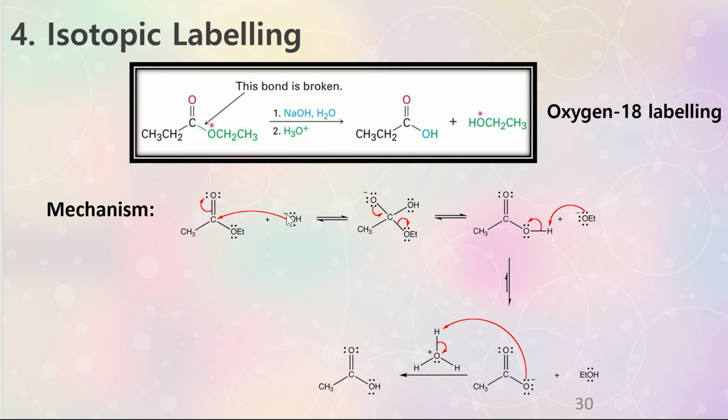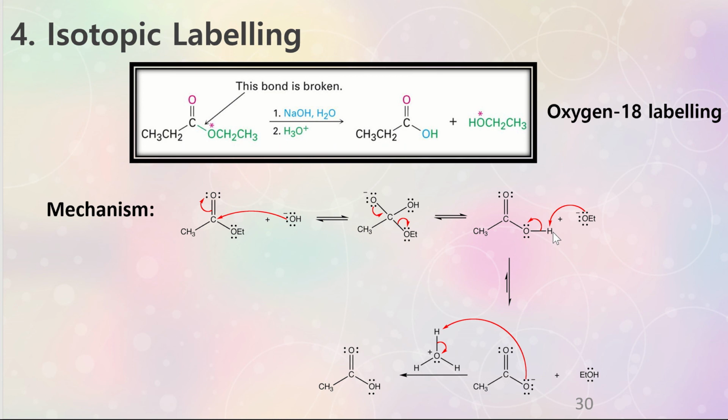So this is the mechanism that is proposed here. We have our base, so we have our sodium hydroxide, so we just have our hydroxyl anion here, which is nucleophilic, attacks our electrophilic center, carbon-oxygen bond breaks, forming our negatively charged oxygen here. Pair of electrons reforms the double bond, and then we have loss of our very good leaving group, ethoxide, right?